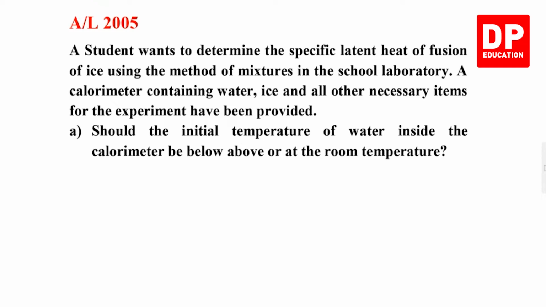2005 paper. Note this, 2005. A student wants to determine the specific latent heat of fusion of ice using the method of mixtures in the school laboratory. A calorimeter containing water, ice and all other necessary items for the experiment have been provided.